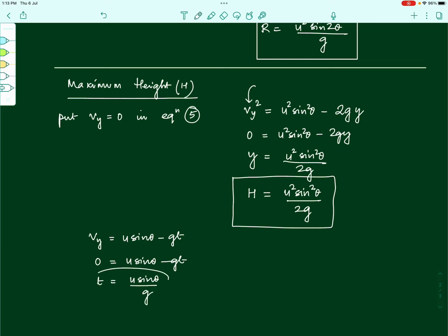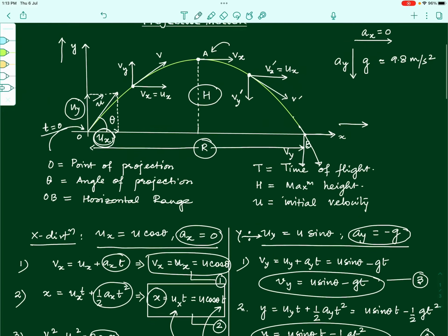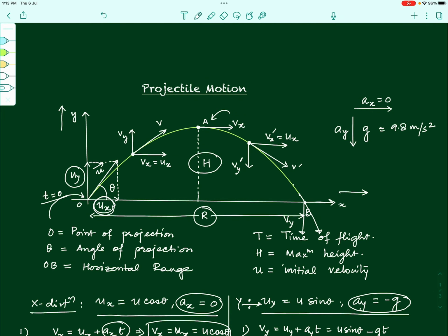And if you just pay attention, this value is just half of capital T, just half of the time of flight. The time of flight was 2u sin theta by g. That tells us that the projectile takes half the total time to reach the highest point, and in the next half time it comes back to the ground from the point A to the point B.